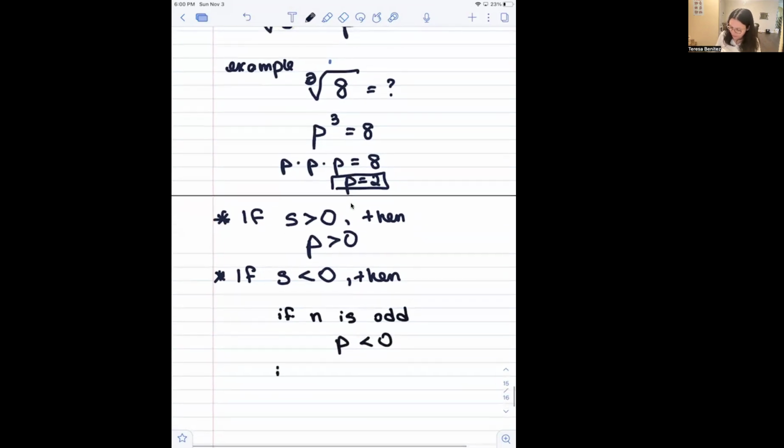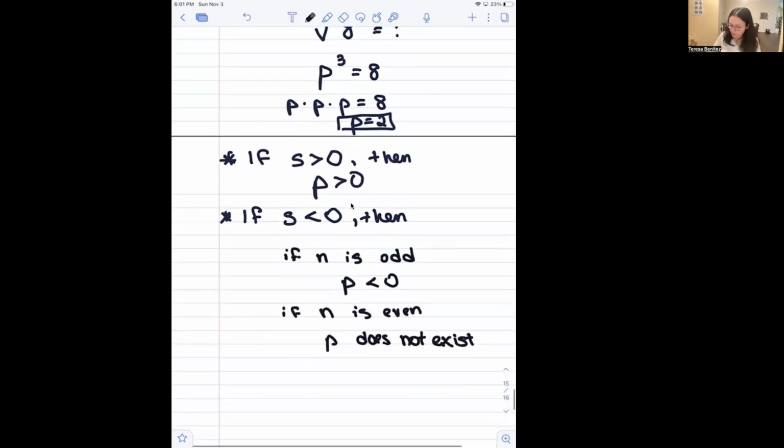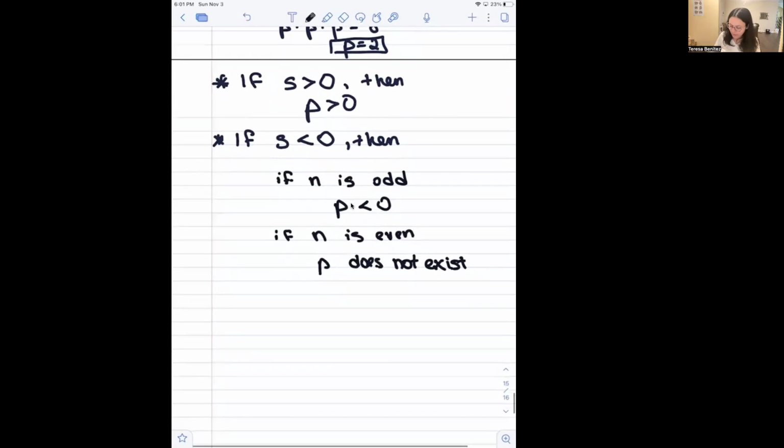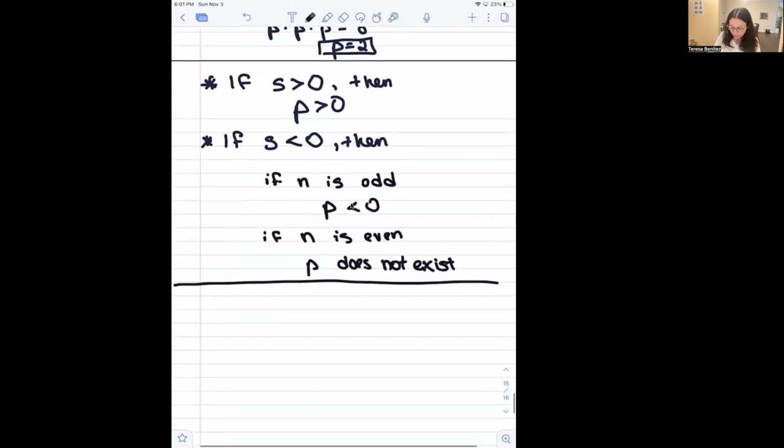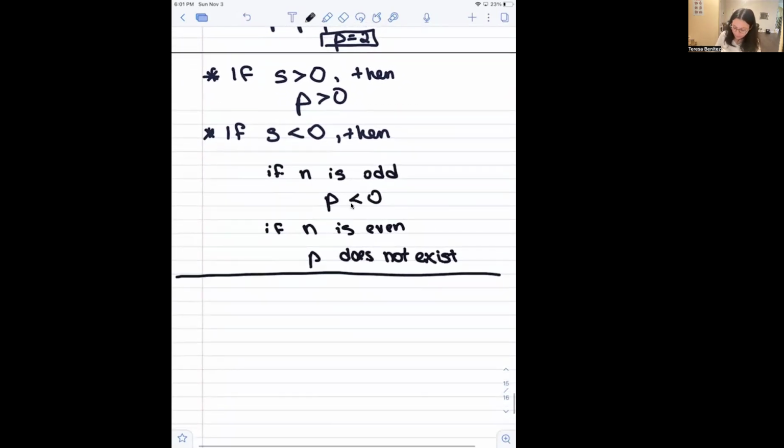But if N is even, your value does not exist, okay? If you have questions with this, because without an example, just writing this greater than 0, less than 0, and so on might be confusing. So if you have more questions before we take a look at the next 4 examples, please let me know, okay? So some examples.